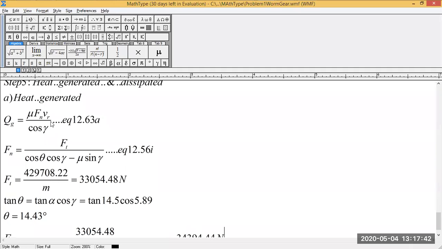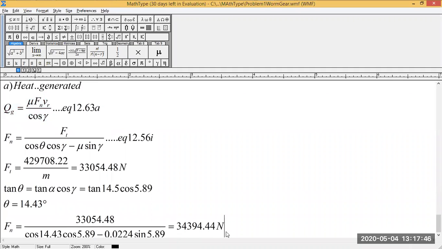So now I have Fn, so I think I have all the values. So let me find finally what is the heat generated.